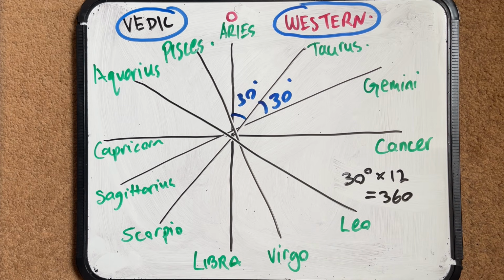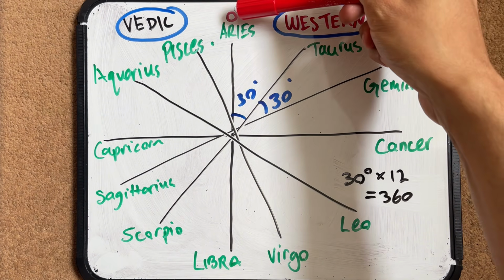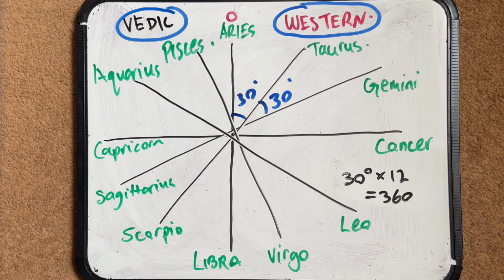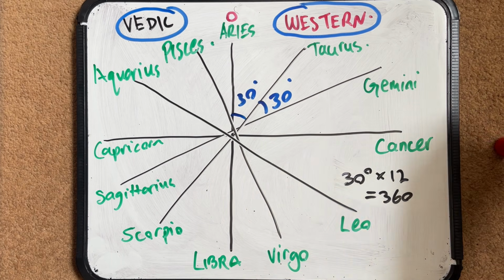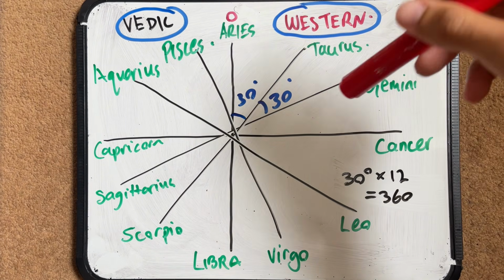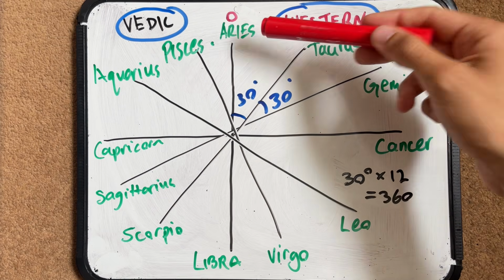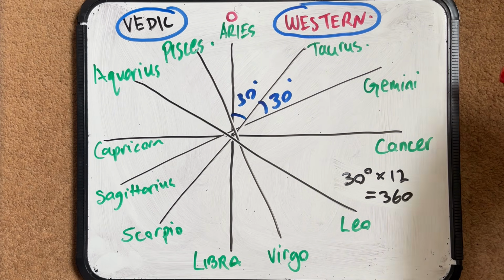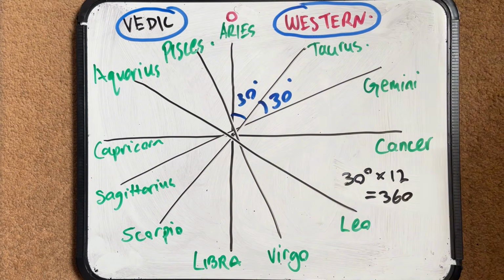In this system, Aries begins from a seasonal point. It does not depend on the stars. It does not depend on the visible constellation of Aries. It is based on the seasonal cycle of the sun. So in simple words, tropical astrology is season based.